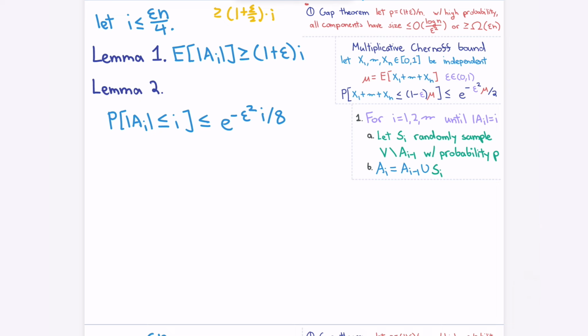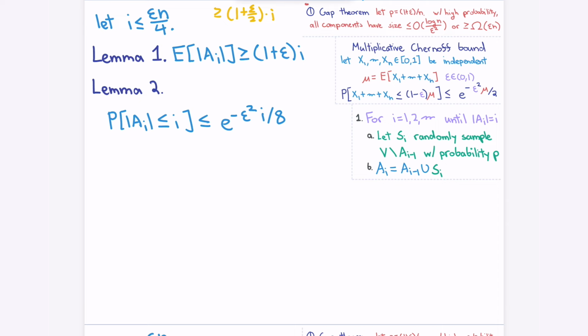And let's go back to, okay, so now here's the next claim. What I really want to show is, our expected value for the size of AI is a little bit bigger than I by an epsilon factor. Maybe there should be an epsilon over 2, but that's not a big deal. We'll do epsilon because it's cleaner. I cheat a little.